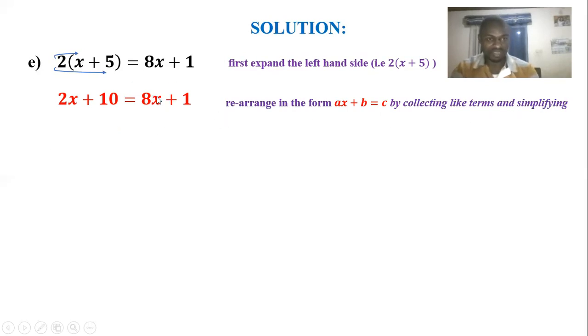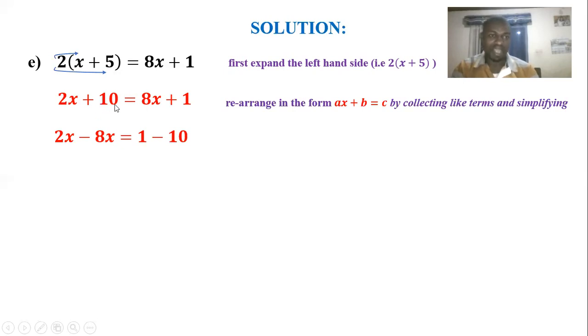Again, we take 8x and we send it this way using its additive inverse, meaning we'll add -8x on both sides to give 2x minus 8x on this side, because here it will drop to 0.